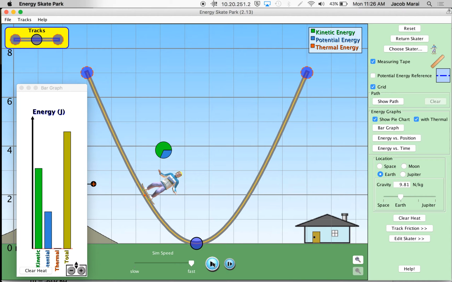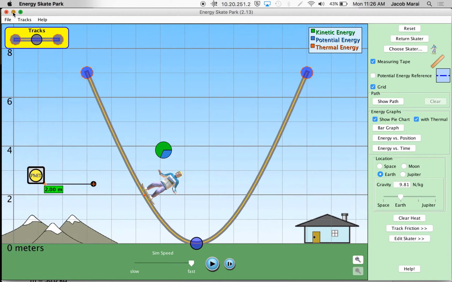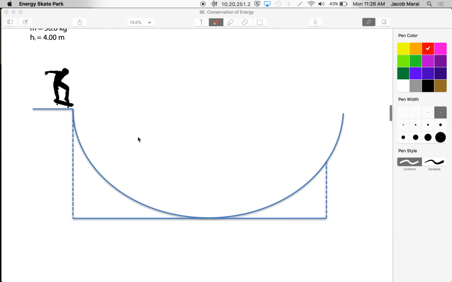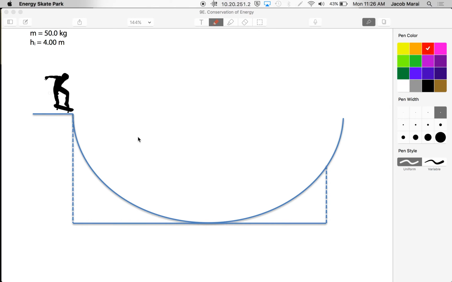Okay? But again, we've got to use the tricks. The trick is that at the top, he's got maximum potential, 0 kinetic. We'll come back and have a look at thermal in just a moment. Let's go back to this skater on the half-pipe. We're going to analyse his position here, here, and here, just as I said, at two extremes.